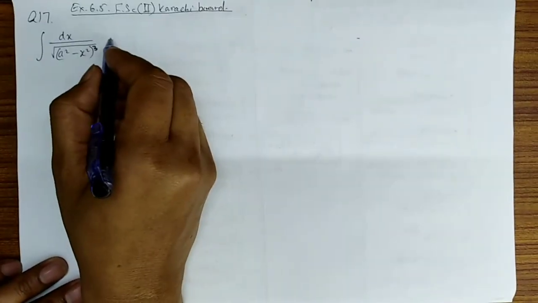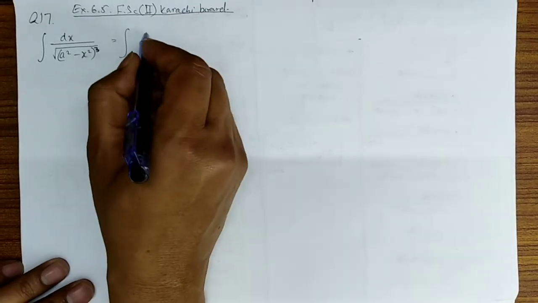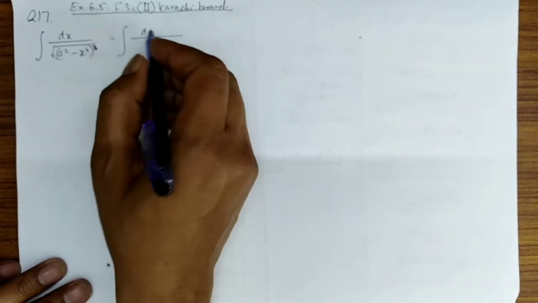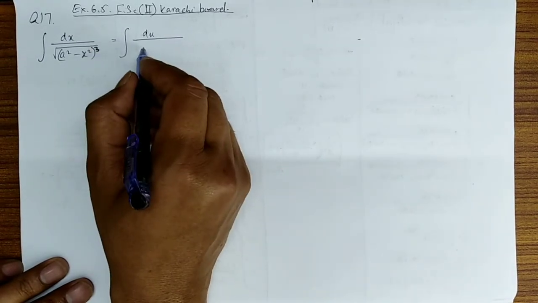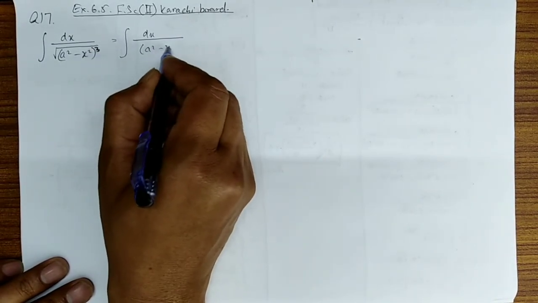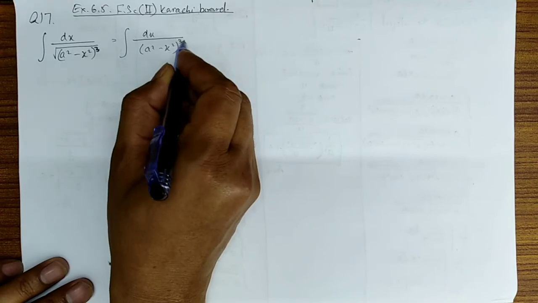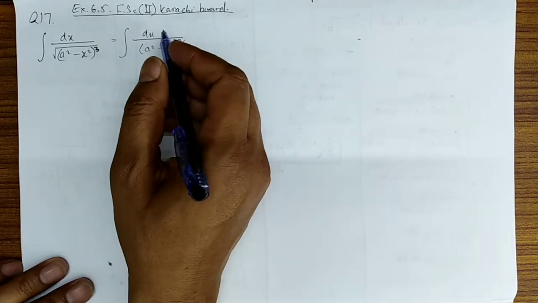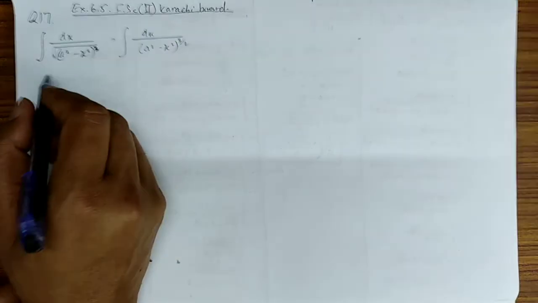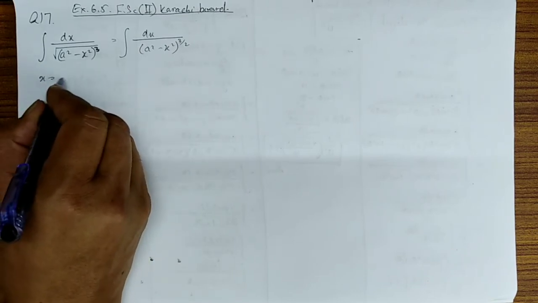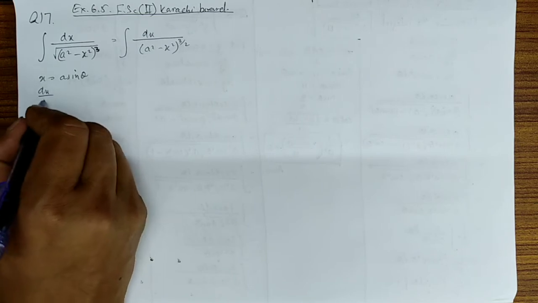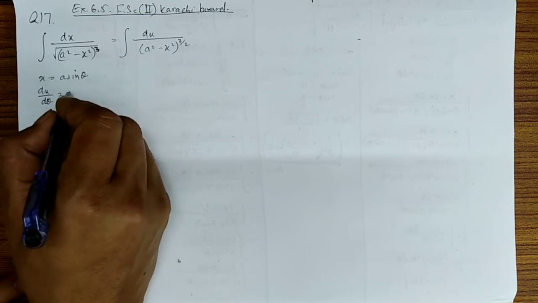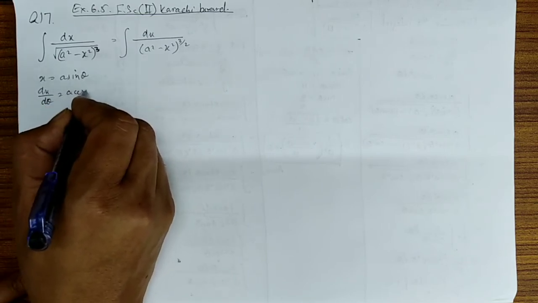So now solving this question, first changing the form of the question, that is dx upon, remove this root sign over it, that is a square minus x square, and I'm going to write 3 upon 2 here. So for this now I'm going to take that x equals a sine theta, and taking the derivative dx upon d theta, that gives a cos theta.